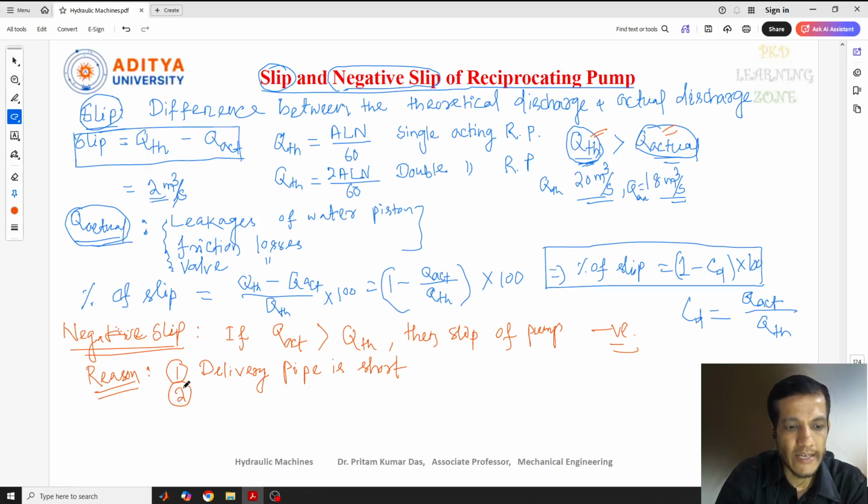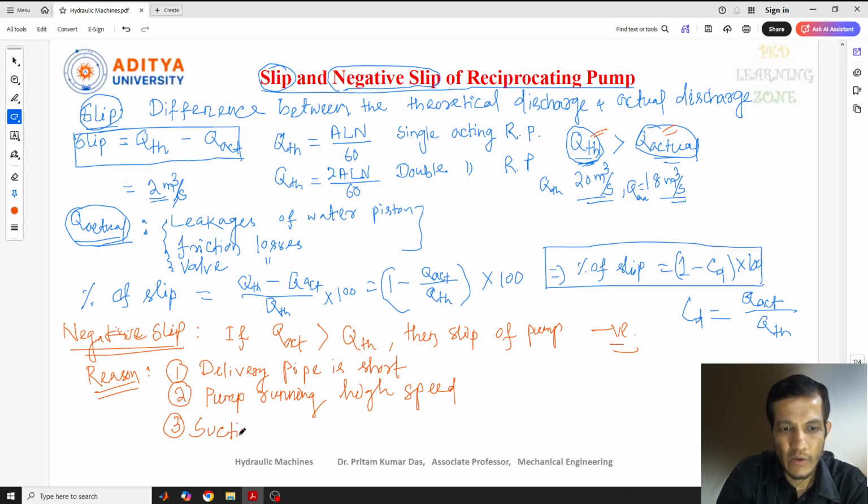The second point I can say is that the pump speed is very high, when the pump is running with high speed. This is one more point. The third point, along with the delivery pipe, we also need to consider the suction pipe.